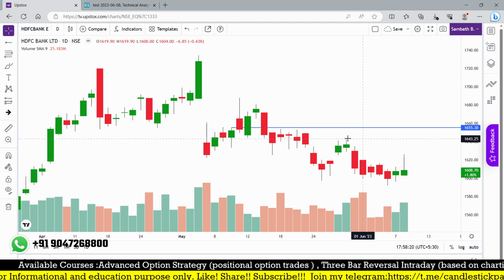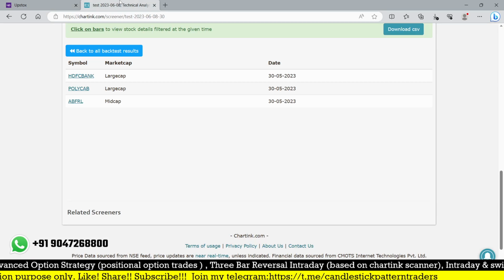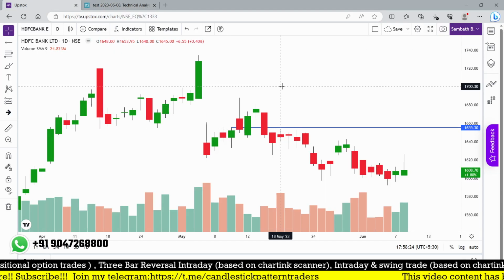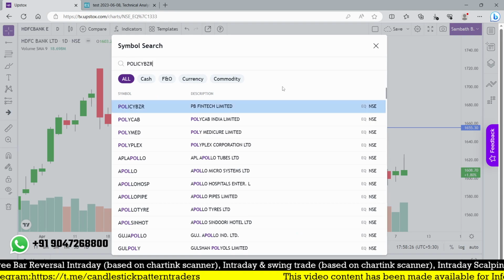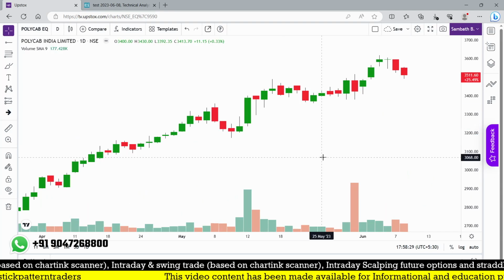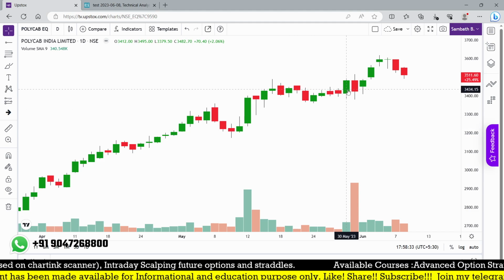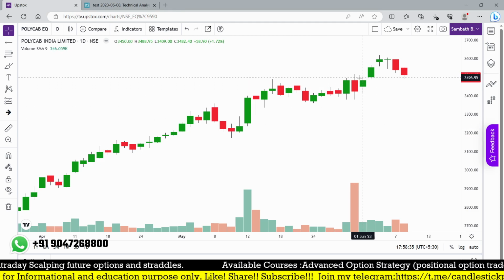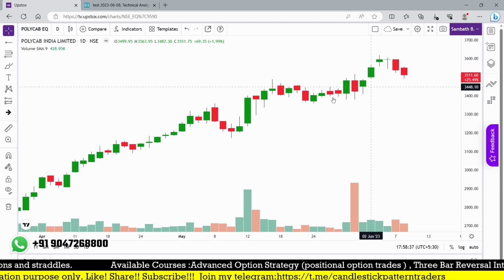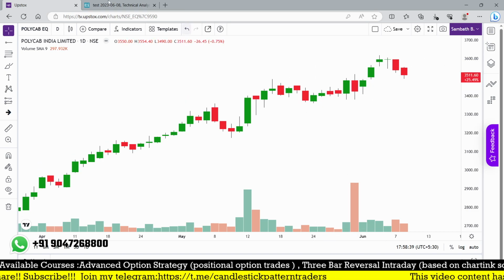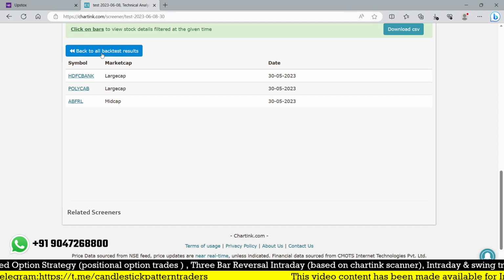So maybe the chances did not give you an opportunity. And Polycab and ABFR, Polycab, 29th, sorry, 30th, maybe at this point 30th. Yeah, it is on that level, slightly moving higher. Maybe the recent swing should be a stop, and that's okay.